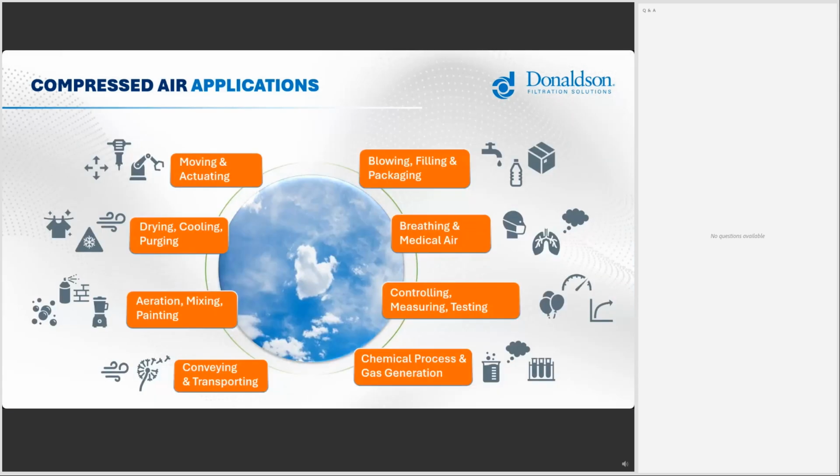With all these advantages, we see compressed air in many, many applications. It starts with moving and actuating processes. It can be used for drying, cooling, and purging purposes. If you mix it with other fluids, it can be used, for instance, for painting applications or for aeration processes.